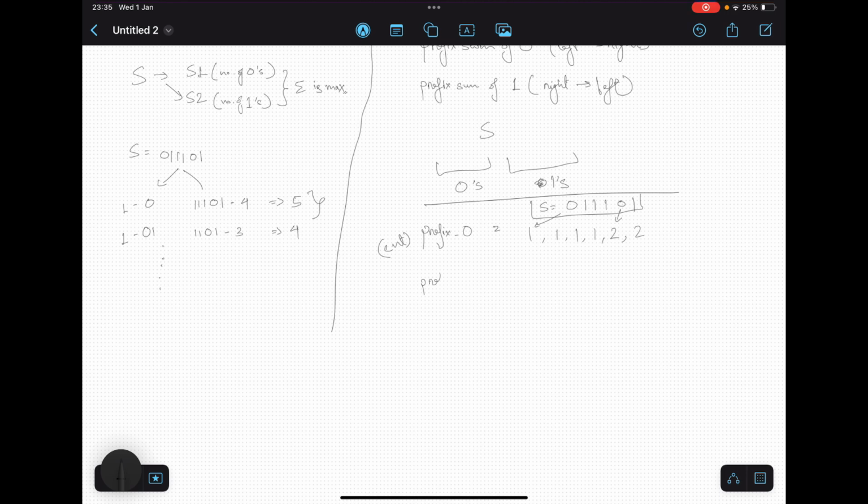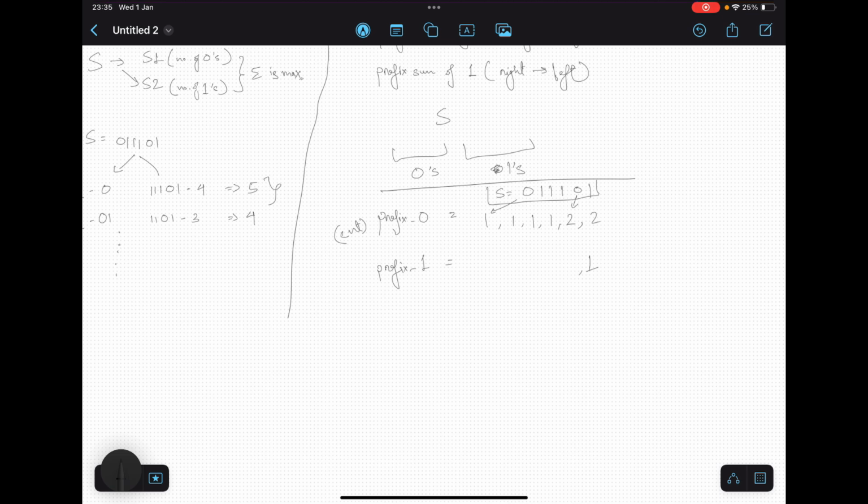And then if we take the prefix sum of 1 from right to left, it's 1, 1, 2, 3, 4 and 4. So these are basically the prefix counts of zeros, from left to right, and this represents the prefix count of ones, from right to left.